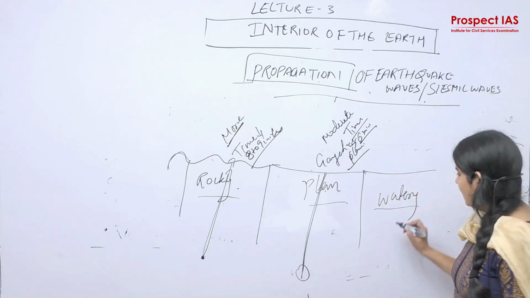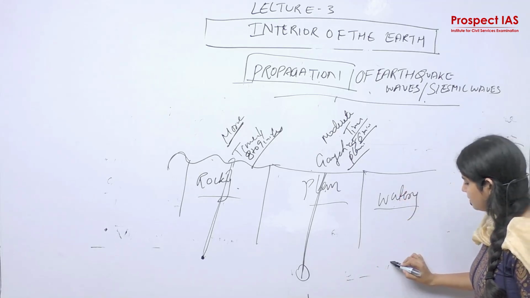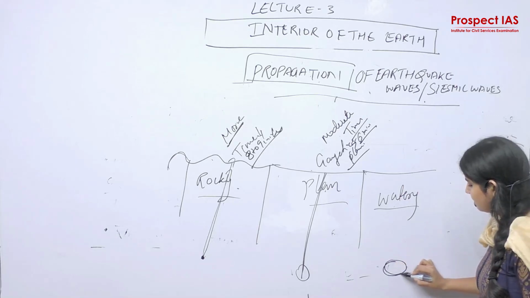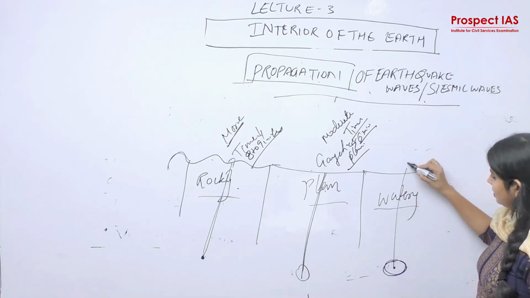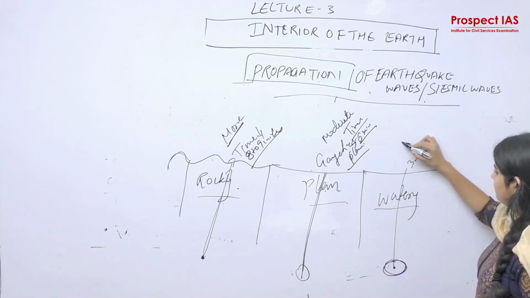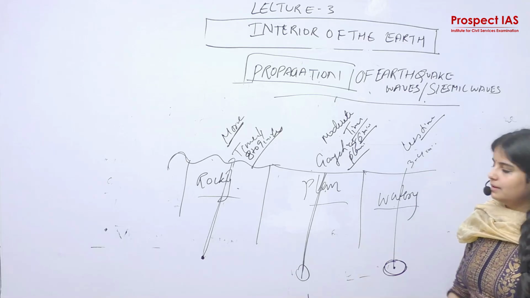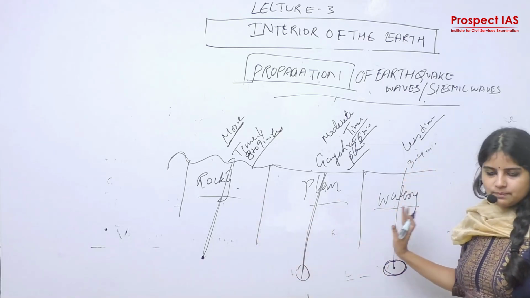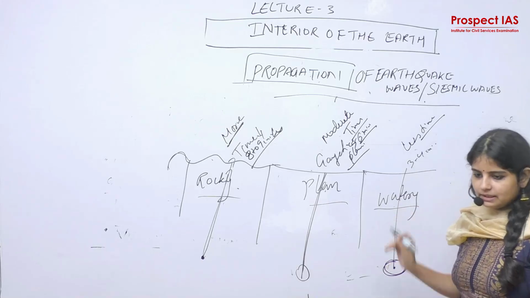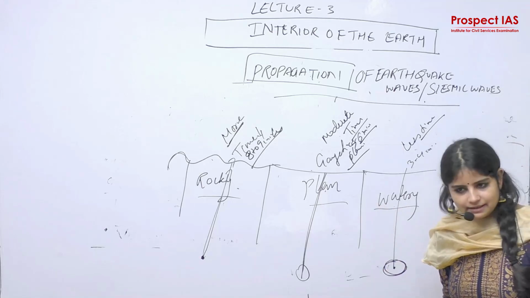And if the place is watery, suppose the earthquake wave propagation is taking place in the watery space in the Pacific belt, then it might take 3 to 4 minutes, meaning less time. So there is a differential structure inside the earth. Earthquake propagation gives us an idea of the differential structure of matter inside the earth.